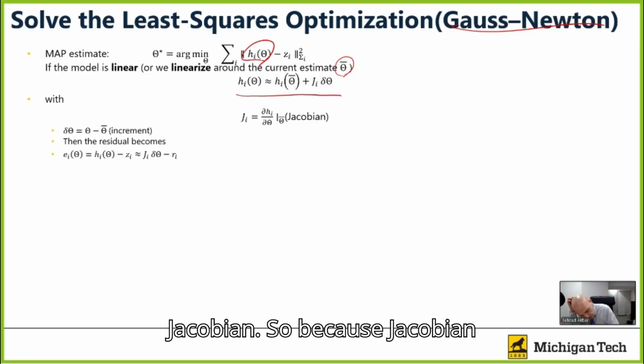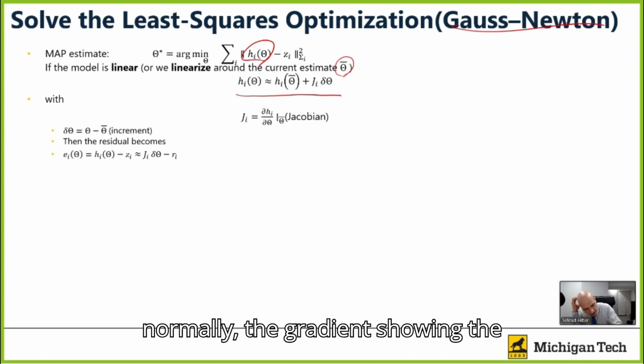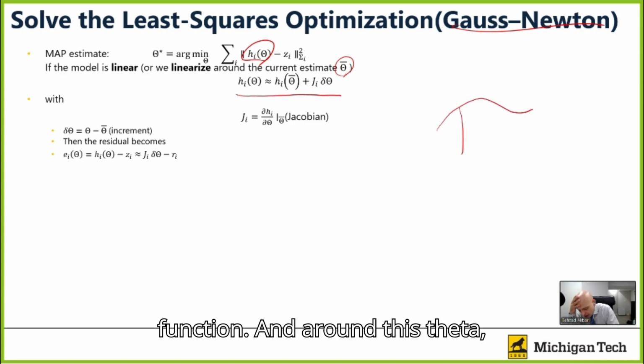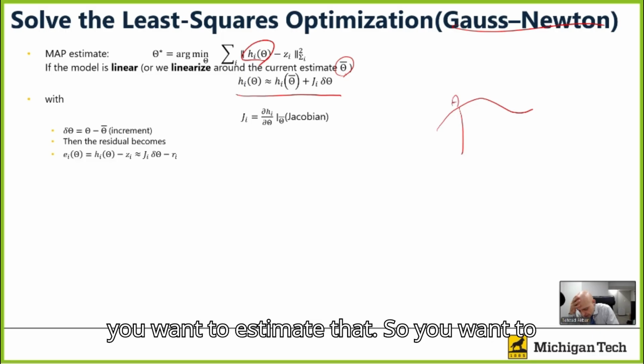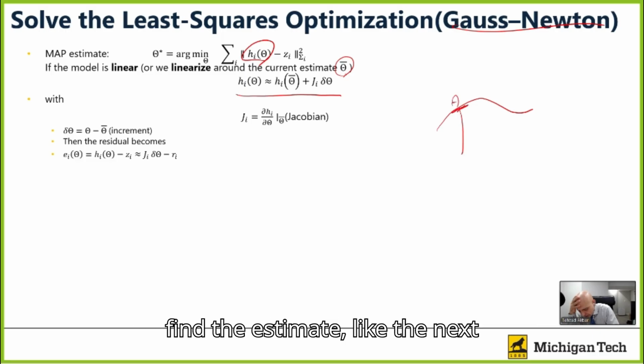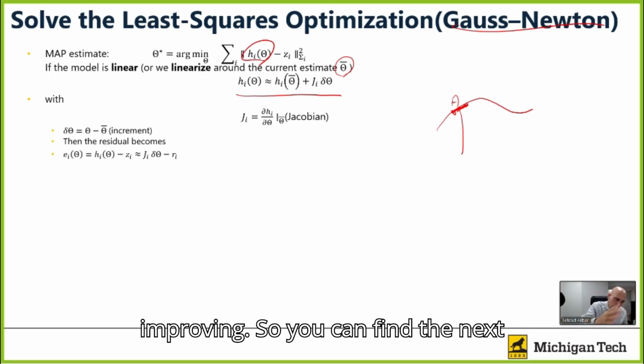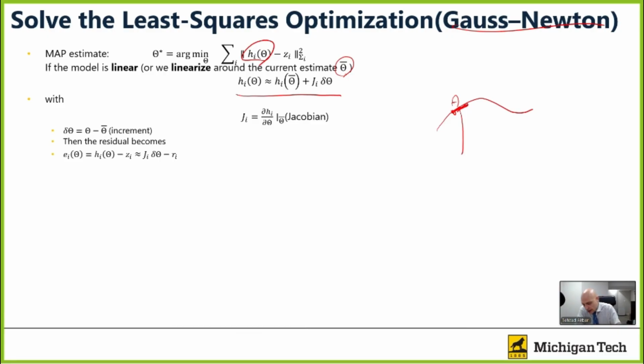Because the Jacobian is normally the gradient showing the direction, so you have a function and around this theta you want to estimate that. You want to find the next step from this step based off the gradient showing the direction of improving. So this is how it works.